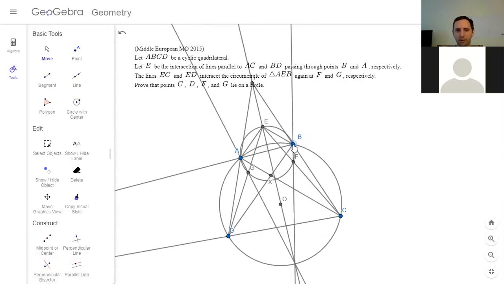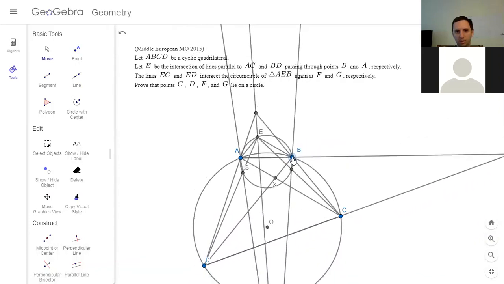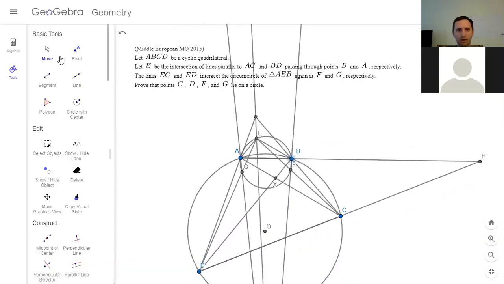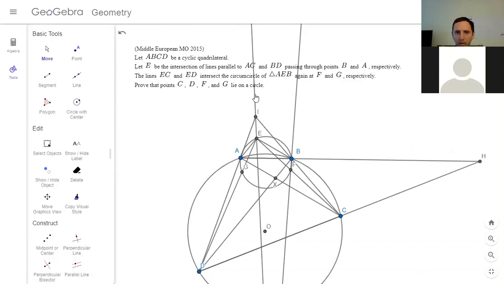So if we can prove they are collinear, it's done. But I don't think it's easy. Maybe Pascal can help. That's what I was thinking.